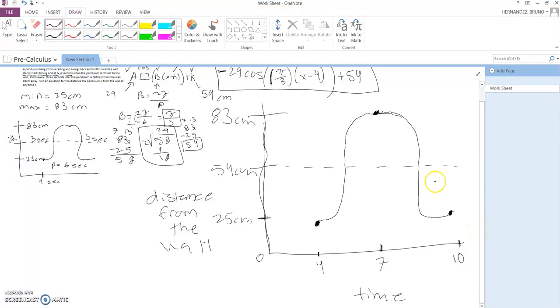Let me make my cosine a little better. I'm sorry again, I'm really bad at drawing curvy lines.